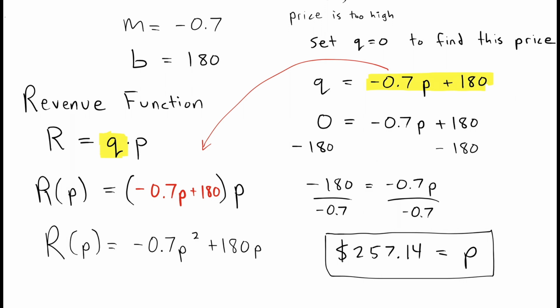And so we're going to see that there's an ideal price for them to set in order to make the most amount of revenue from the consumers. And we'll see that just setting a higher price doesn't lead necessarily to them making more revenue. They'll actually make less revenue if they set the price too high.